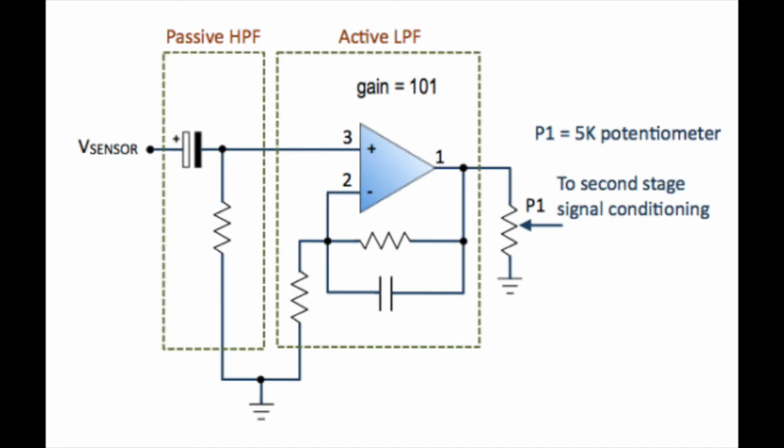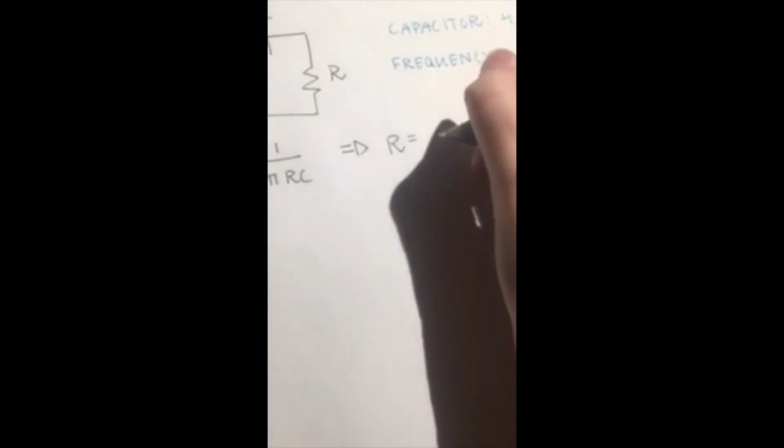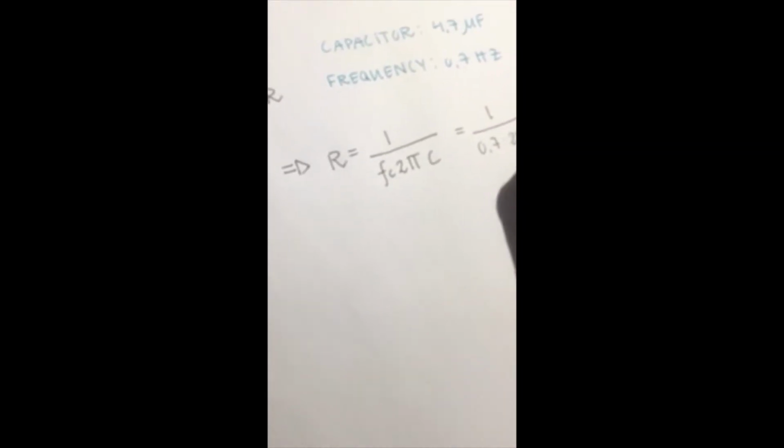Next step was to filter and amplify the sensor output. At first we wanted to use a passive high-pass filter with a cut-off frequency of 0.7 Hz. We needed to calculate the resistor with the following equation.